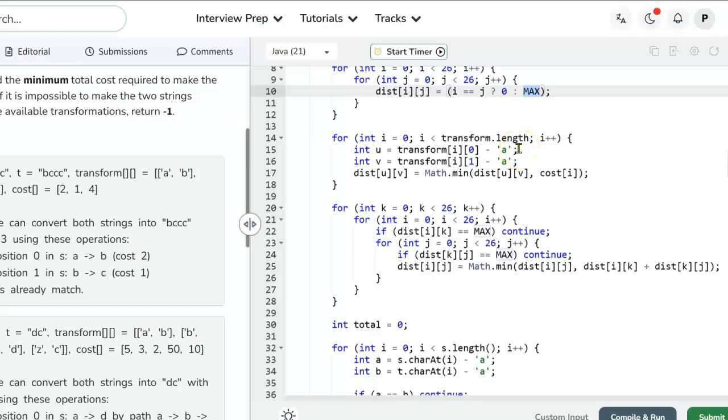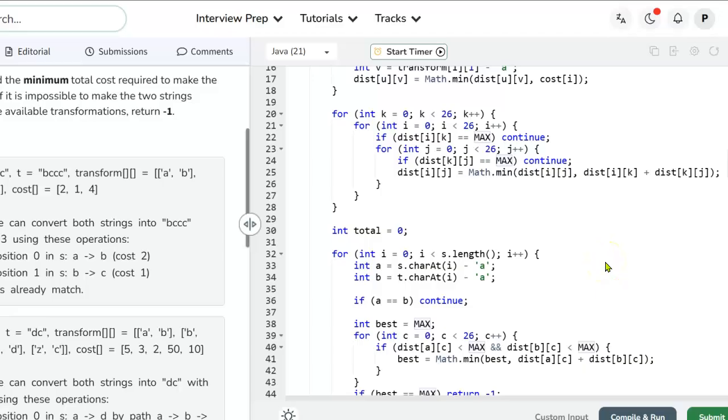We convert those into indices from 0 to 25 by subtracting the lowercase letter a, and then in the distance matrix, we're going to say the distance is, we probably don't even need a math min here at this point, but the distance is going to be whatever is in the transform array. All right, so we're ready to go here at this point.